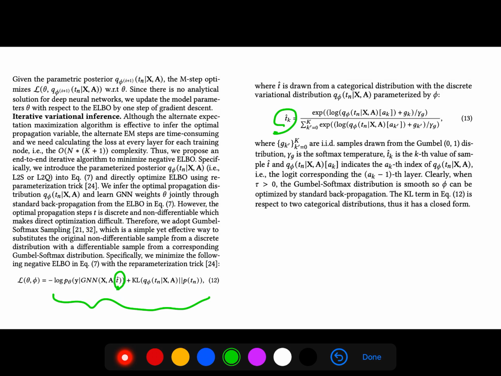And the Gumbel softmax distribution is smooth so that phi can be optimized by standard backpropagation. This Gumbel softmax, we use it in several papers. It's a good trick if you have a problem of discontinuity when you want to do conventional backpropagation. So it's a trick to handle and smooth it.